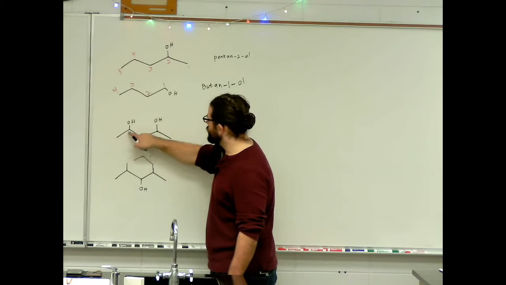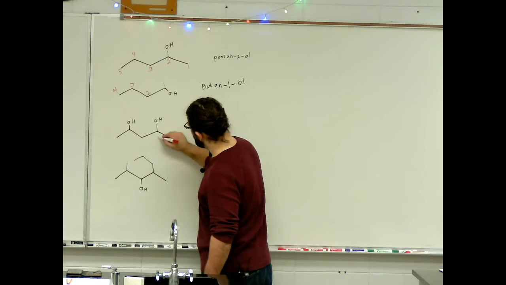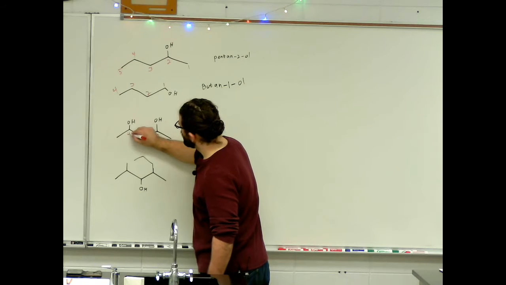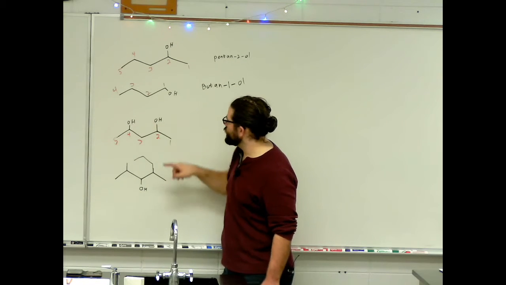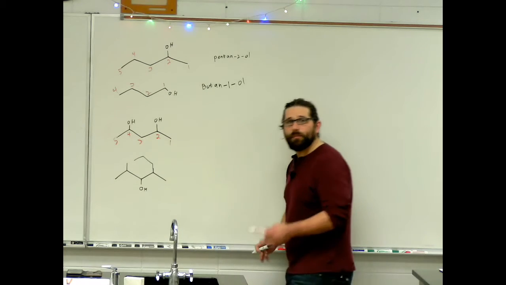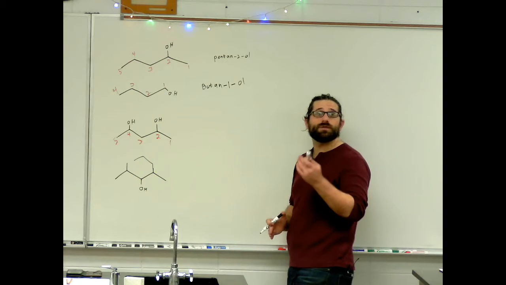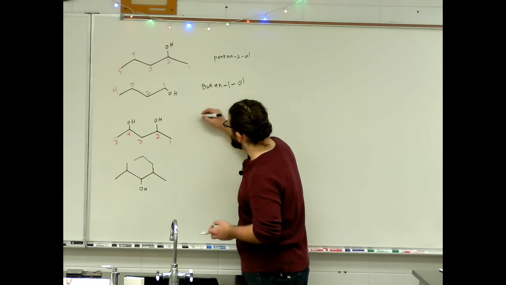Here I've got a 1, 2, 3, 4, 5 carbon chain. And notice I've got 2 OHs. It doesn't matter if I number it from this way or this way. They'll take the same spots, but it works just like it would if I was naming an alkene or if I had 2 methyl groups. I'm going to use that diol.